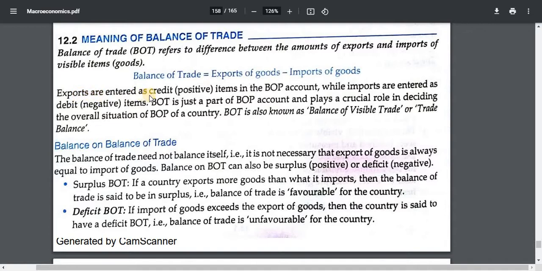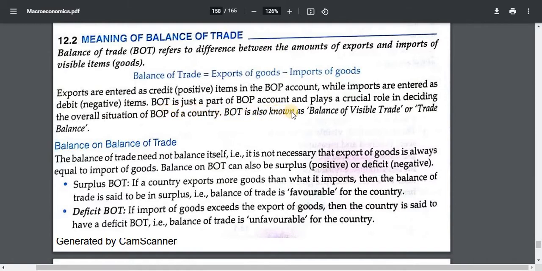Exports are entered as credit (positive) items in the BOP account, while imports are entered as negative (debit) items. Both are just a part of the BOP account and play a crucial role in deciding the overall situation of the country.